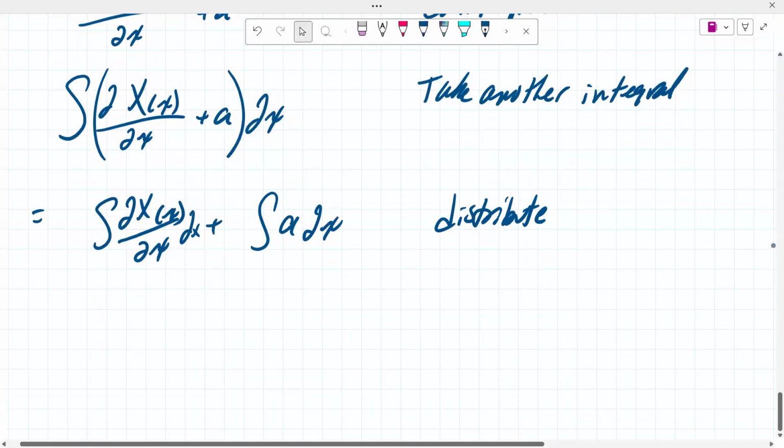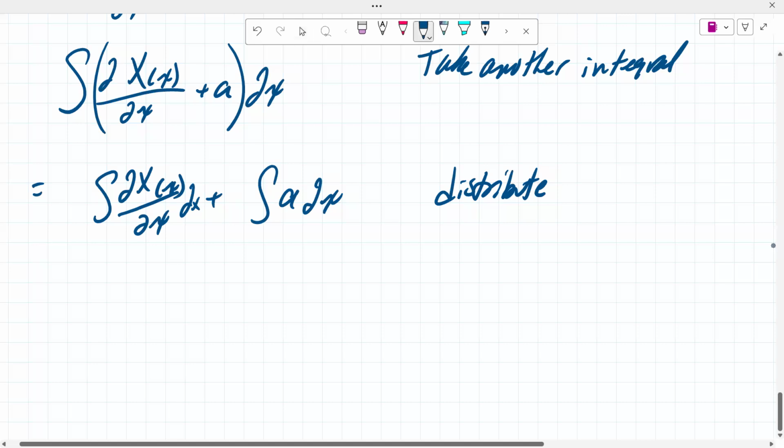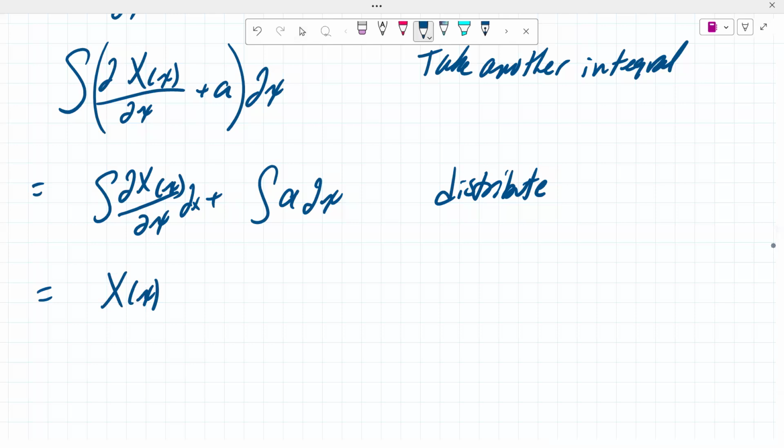Integral distribution is allowed. Equals X of x, so these cancel out again, plus a new integration constant b, plus ax. So we did the integration.